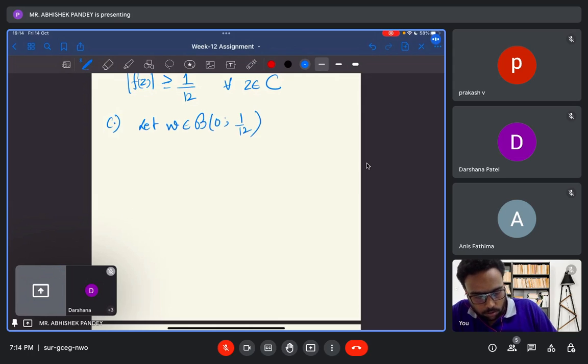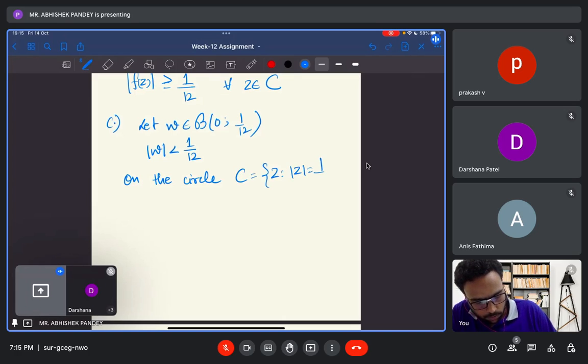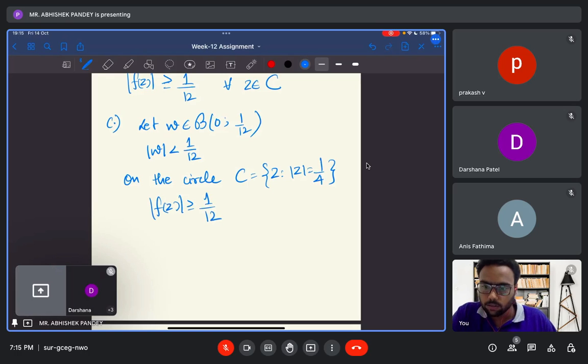What does it mean? Modulus of w is less than 1 by 12, obviously. And on the circle of z such that mod z equals 1 by 4, modulus of f(z) is always greater than or equal to 1 by 12.